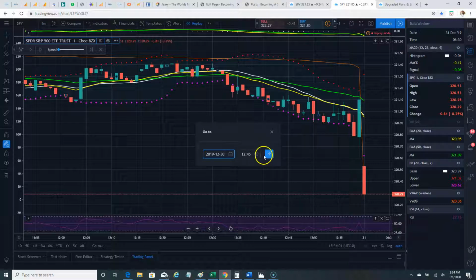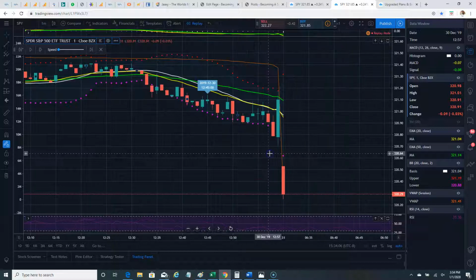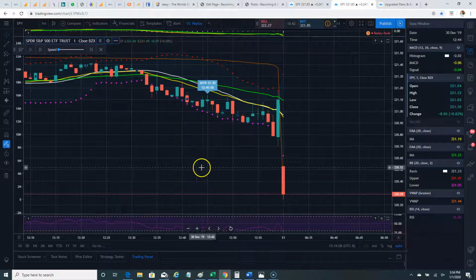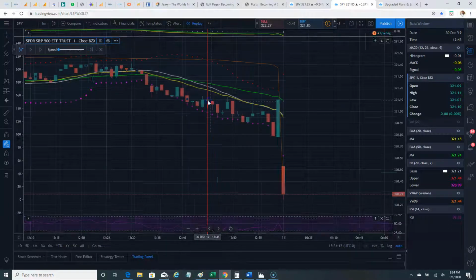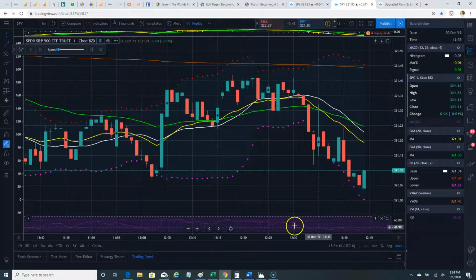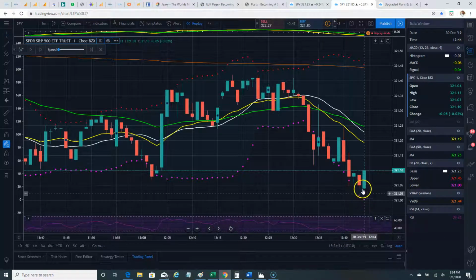So 12:45 would have been on the 30th. I click on jump to, and then tell it to jump back exactly here. So that's what it did. This is 12:45 here.